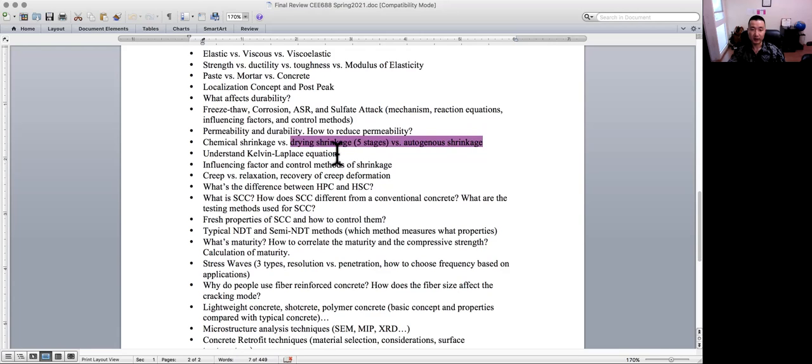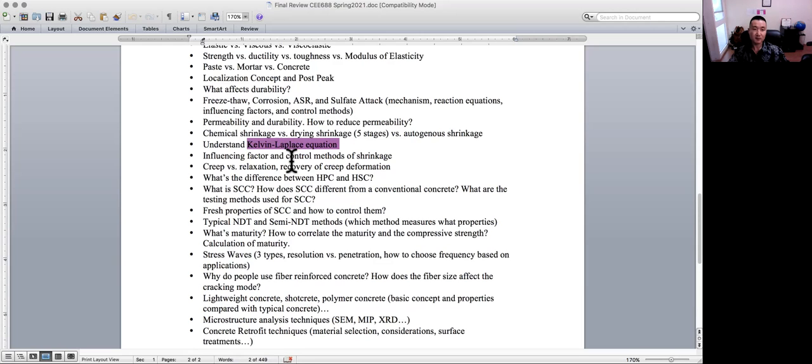So it tells us that when we reduce the size of the pores and reduce the internal RH inside the pores, we can increase the shrinkage stress, and also the surface tension of the pore solution. That's the reason why shrinkage reducing admixtures work: by reducing the surface tension of water inside the pores.